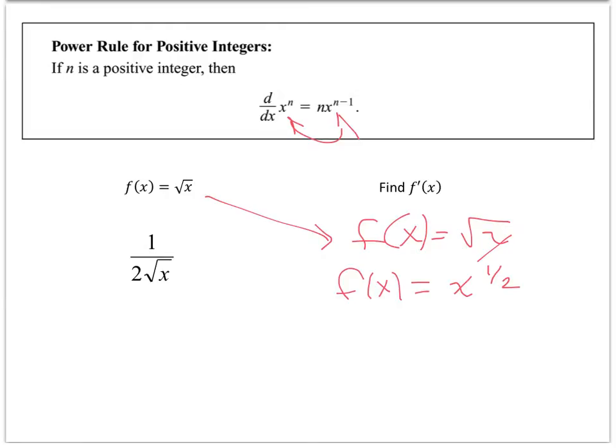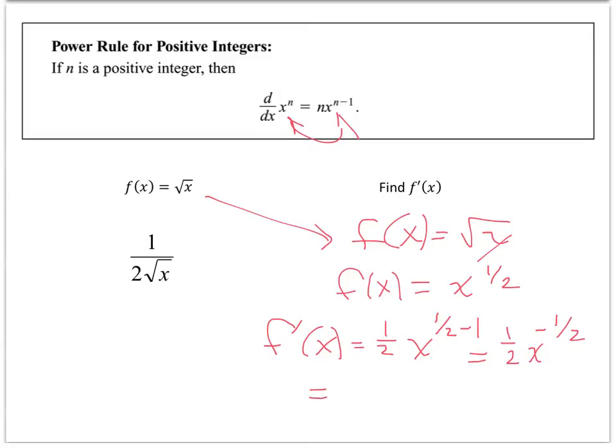So I have my power rule: for my derivative, I bring the 1/2 down, and then I subtract 1 from the exponent, and so I end up with x to the minus 1/2.